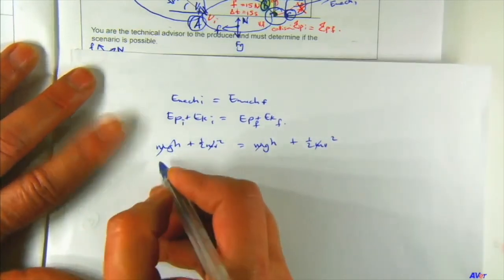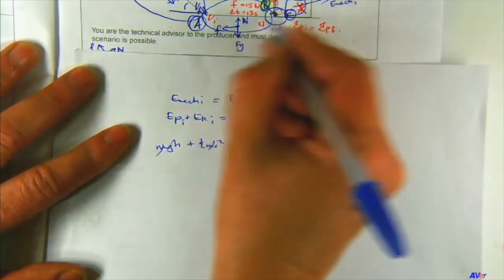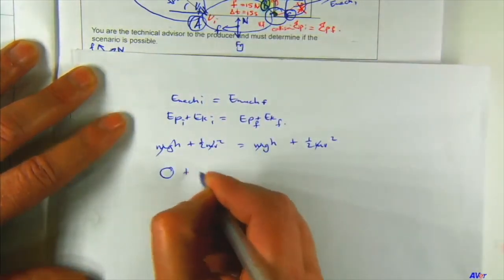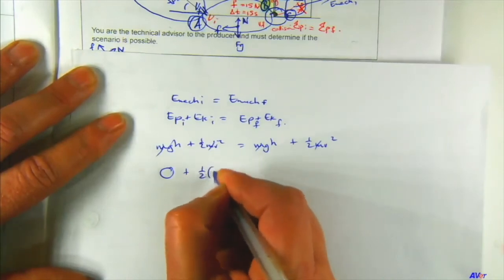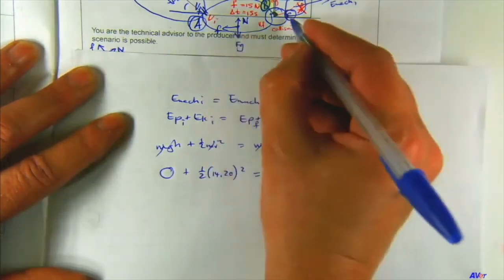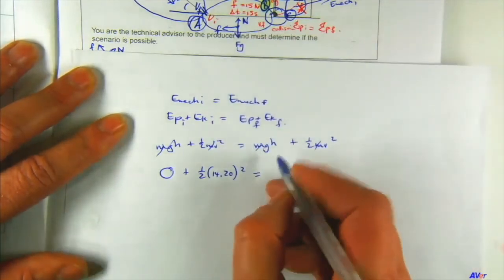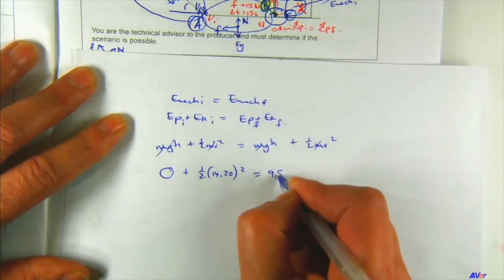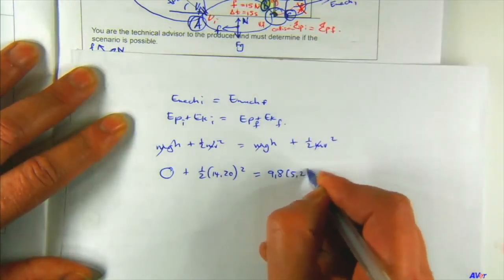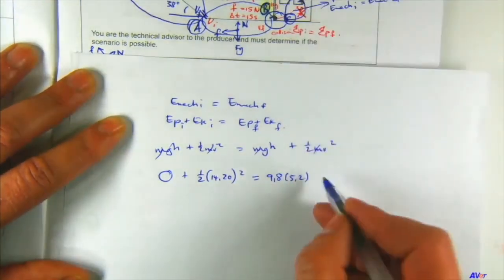So he's starting out from the horizon, so the height is 0. He's starting out with a velocity of 14,20. That's what we calculated at C. And now g is 9,8, and it's going to a height of 5,2. That's what they told us in the question, 5,2.